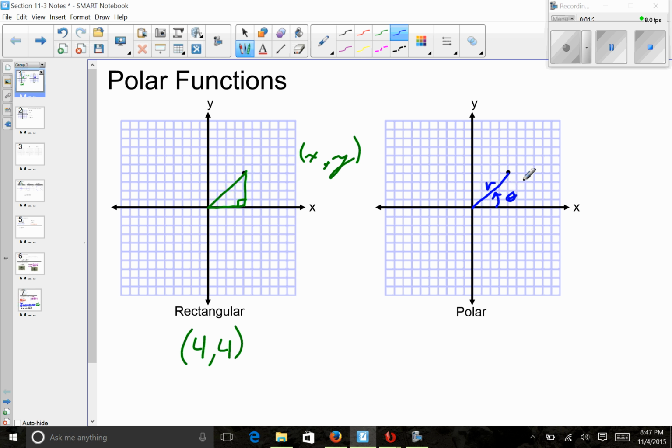So it's just another way of getting to the same place. So here, if I wanted to get to 4, 4, we do our coordinates in terms of r, then theta. That distance would be 4 radical 2 for the r, and the angle would be pi over 4 radians.